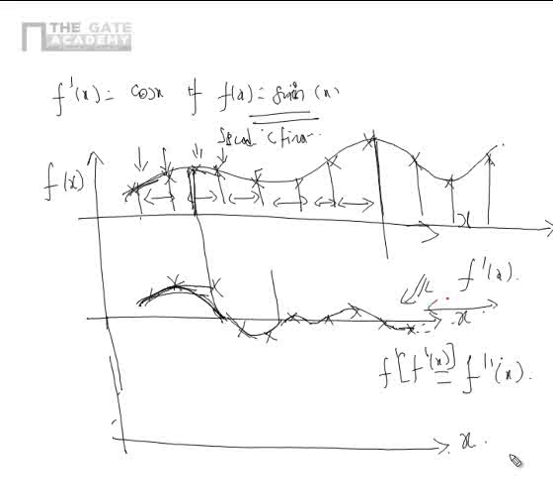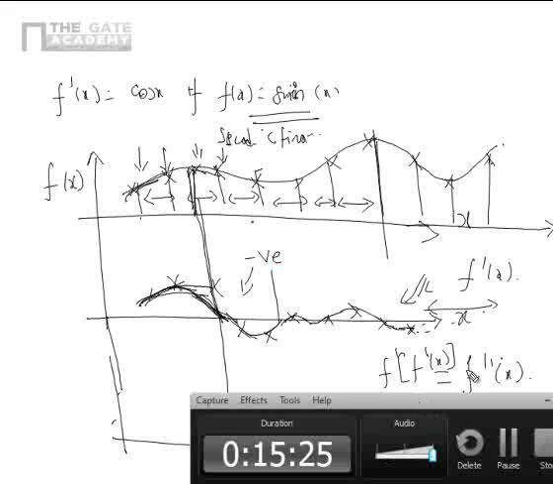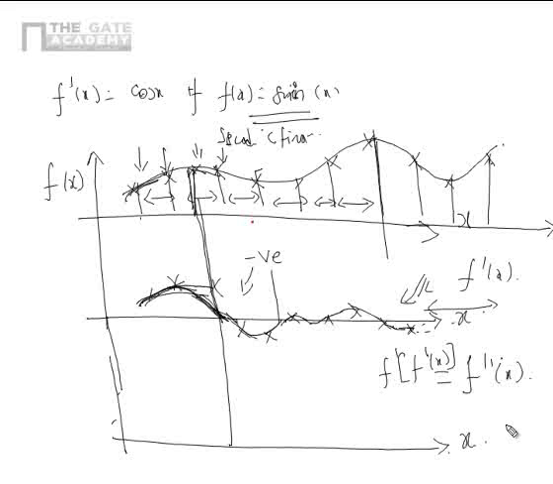And if I find the f double dash of x, again we will definitely see at this point this part is having a negative slope, right? This is a negative slope, correct? So this part will result in a negative waveform.